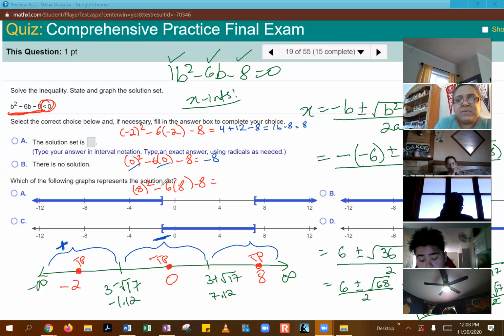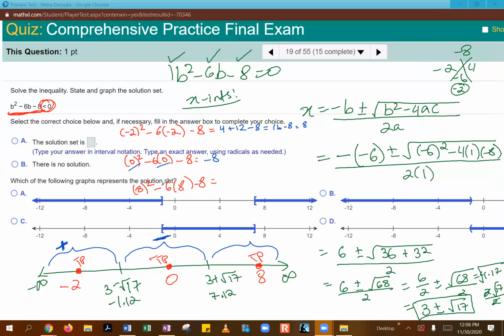So let's see, this one will give us 8 squared is 64 minus 6 times 8 is 48 minus 8. So that would end up giving us 8, which is again a positive number.